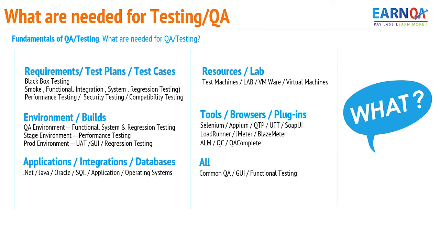There are many things you might not know yet: what is environment, what is a virtual machine, what is Selenium, QTP. We will talk about them in detail. Don't worry at this point, because we're trying to learn the simplest fundamentals of QA and the roles and responsibilities of testing.